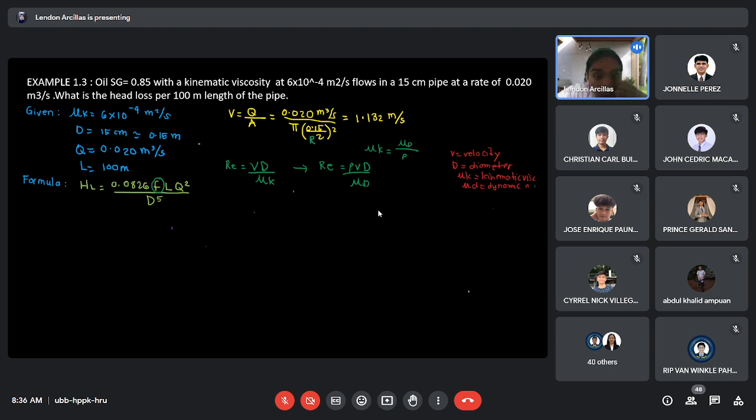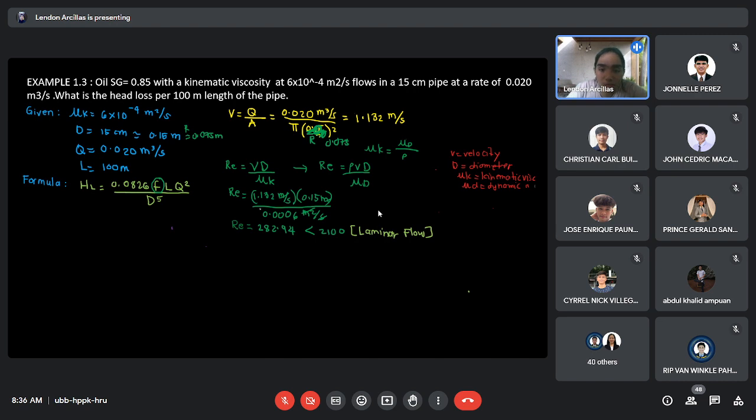So this is equal to, radius is 0.075. Okay, you might be confused about why I divided by 2. Now we will have the velocity. Substitute the velocity and we get the Reynolds number. Since the value of the Reynolds number is below 2,100, that is a laminar flow.